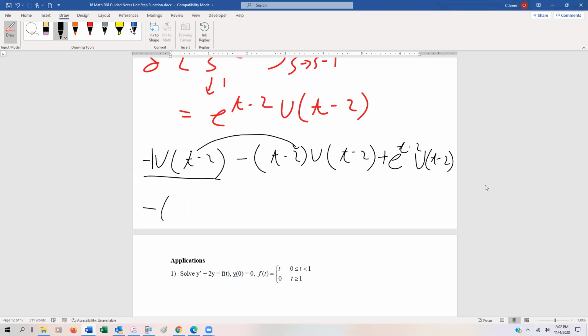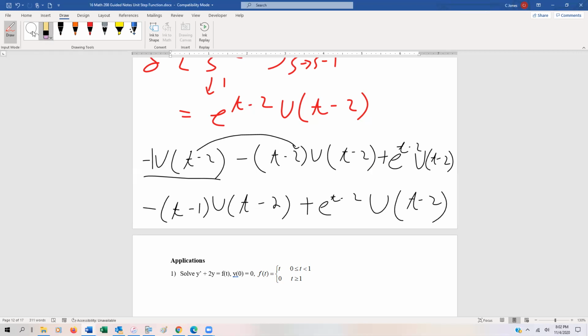So we would end up with the opposite of t minus 1 and then unit t minus 2 and then plus e to the t minus 2 of unit t minus 2. All right. If we wanted to distribute it, we could get just a positive 1 unit t minus 2. We could factor out a unit t minus 2. So that's probably the cleanest answer we can get.